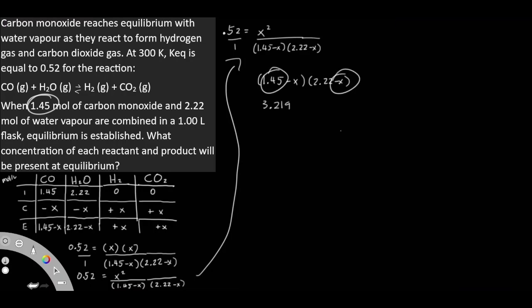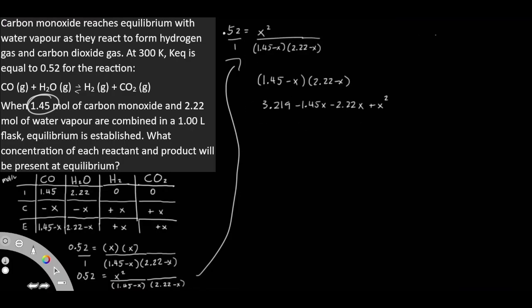This here multiplied by that one there, 1.45 minus x, gives you negative 1.45x. Do the same thing for this one: negative x times 2.22 is negative 2.22x. And then this negative x times this negative x, you end up getting plus x squared. So we're going to implement this in there.